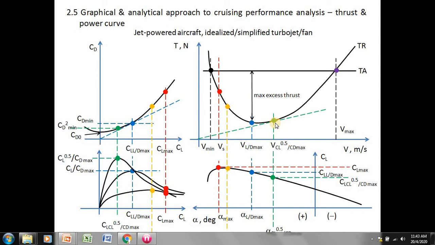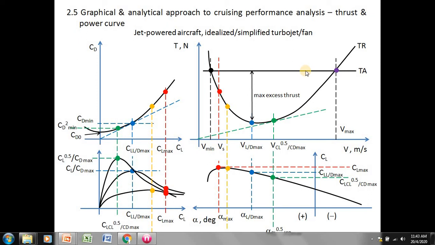And then you are wondering, what is the maximum velocity or maximum airspeed of my airplane? The maximum airspeed is determined by the maximum thrust available that I have. This thrust available line actually represents the maximum thrust available from the jet engine.